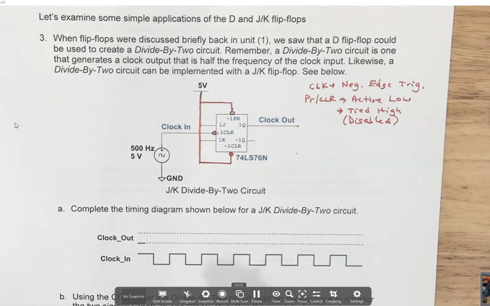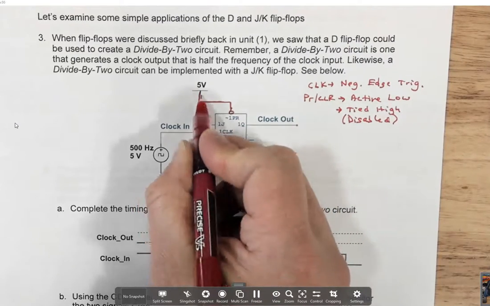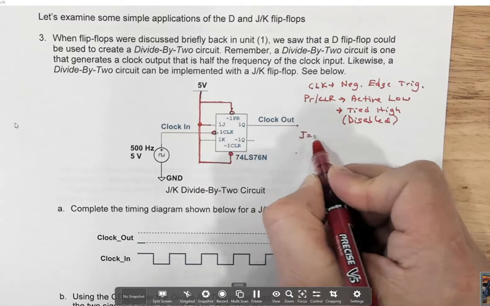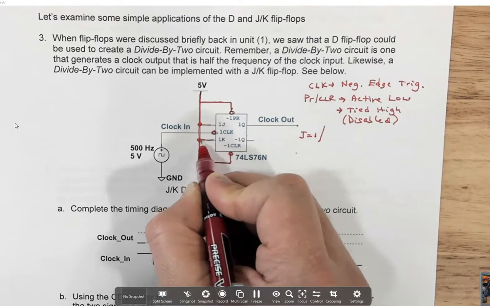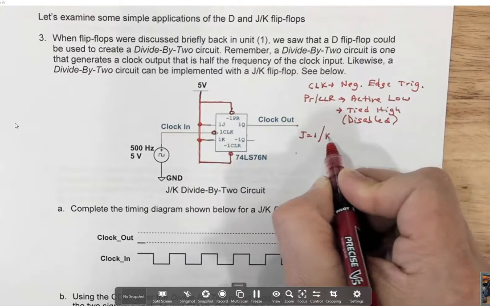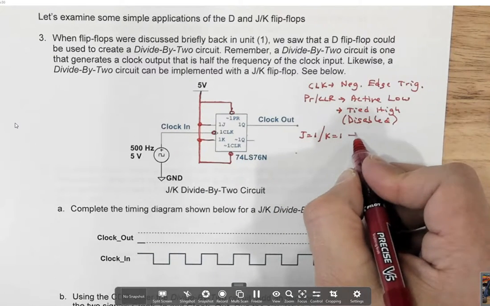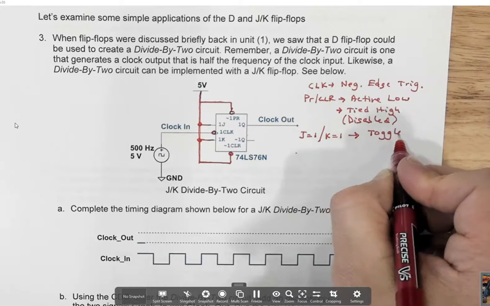The next thing is J is tied high, which is 1. So J is equal to 1. And K is tied to that 5 volts, so K is equal to 1. So when we have the 1-1 combination, that is the toggle combination.